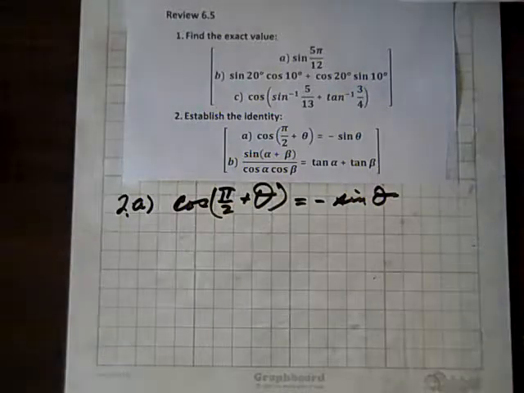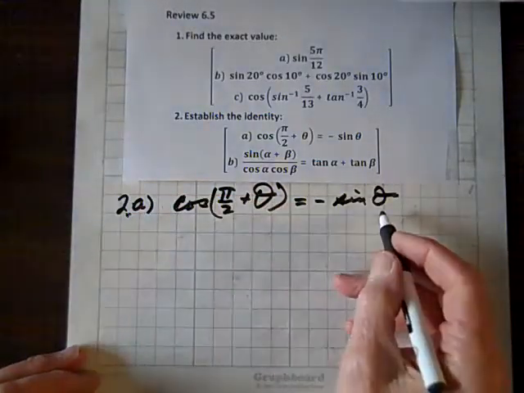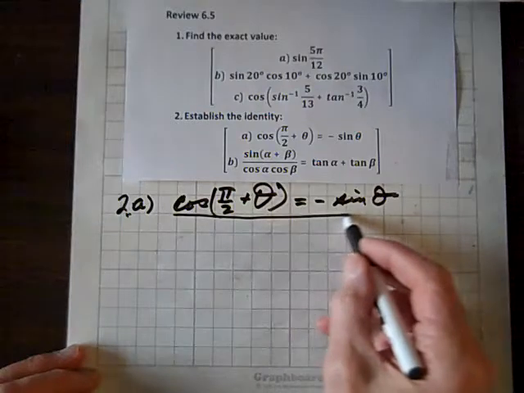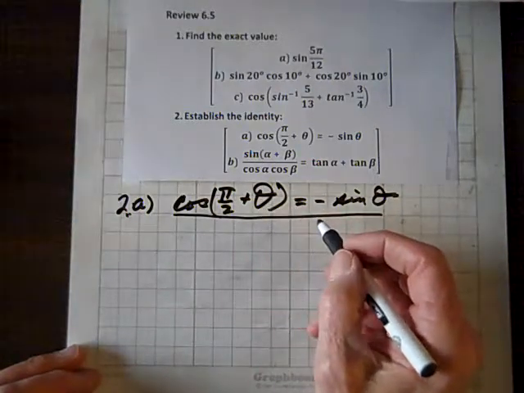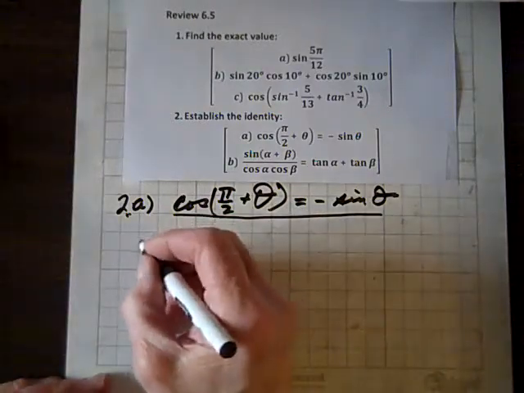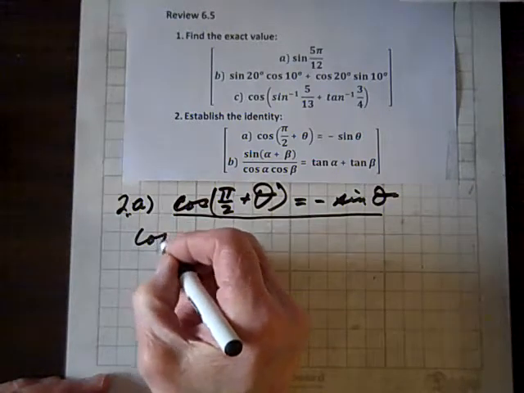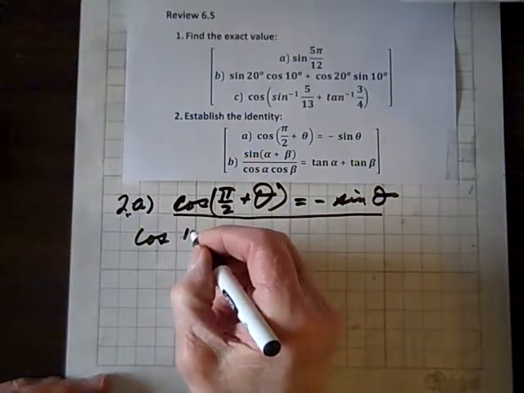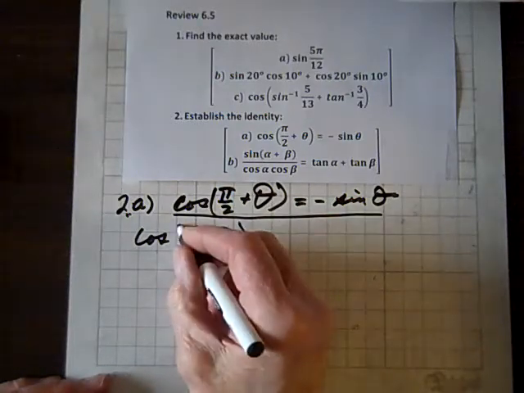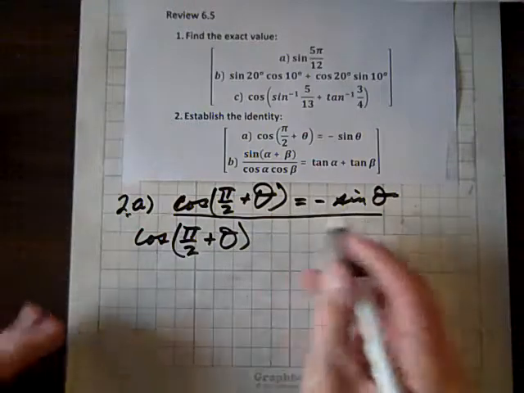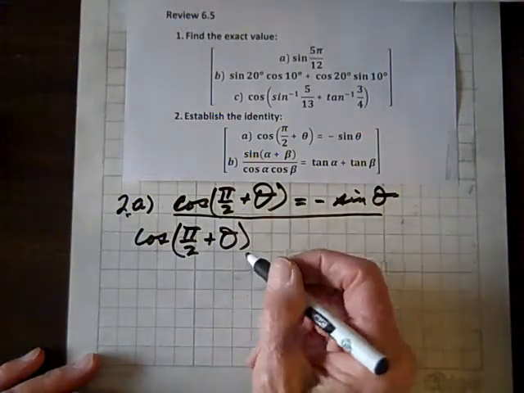Now we're going to do question 2a, and we have to establish an identity here. The cosine of the quantity pi over 2 plus theta equals minus sine theta. So when we establish an identity, there's a form to it. We must adhere to that form. And we'll start with our left side. We can start with either side, but it's easier in most cases to start with the left side.